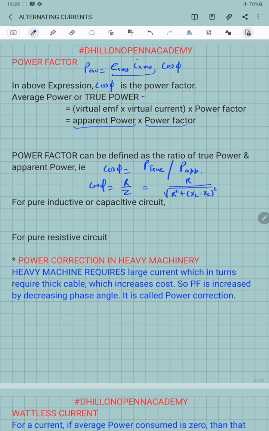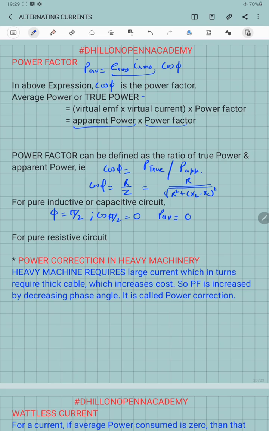We know that for a pure inductive or a capacitive circuit, the phase angle is equal to pi by 2. So the power factor cos pi by 2 becomes equal to 0. This means that the average value of the power consumed for an inductive or a capacitive circuit is also equal to 0.